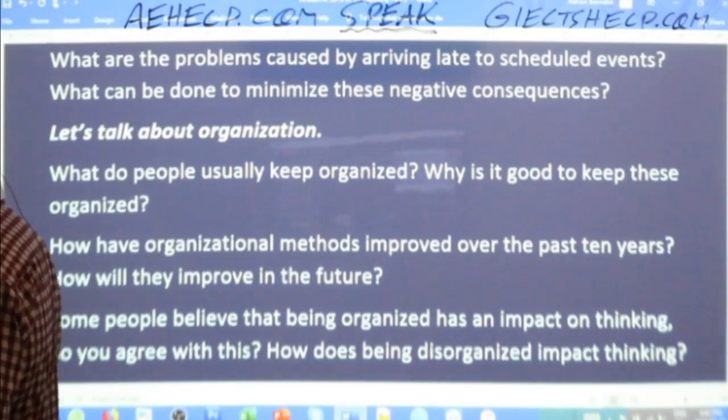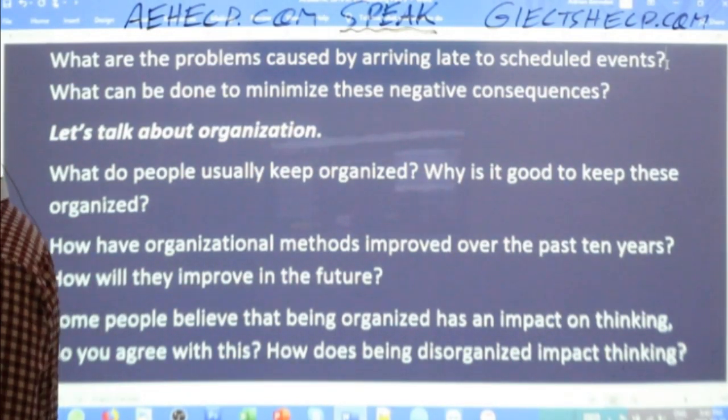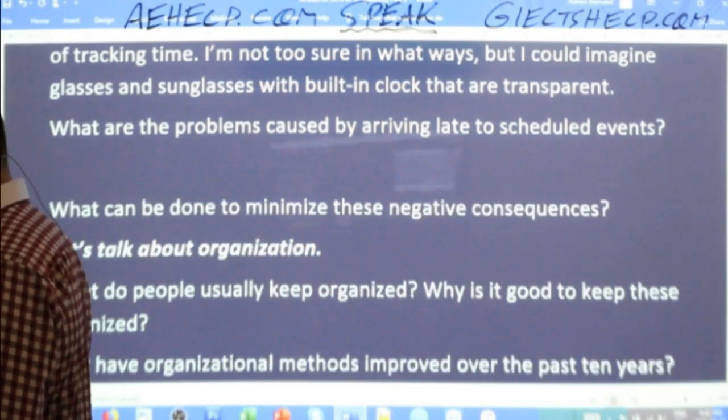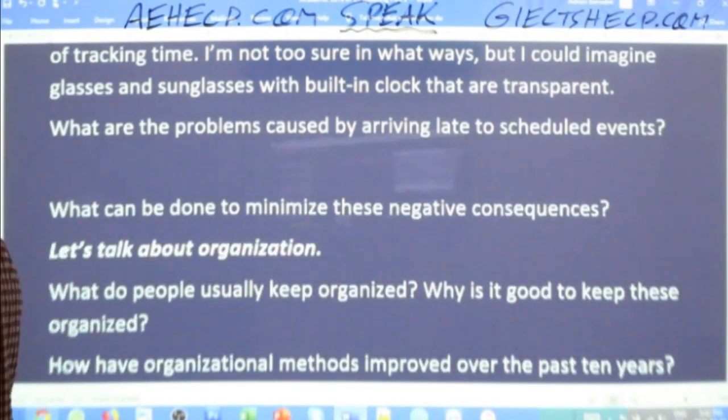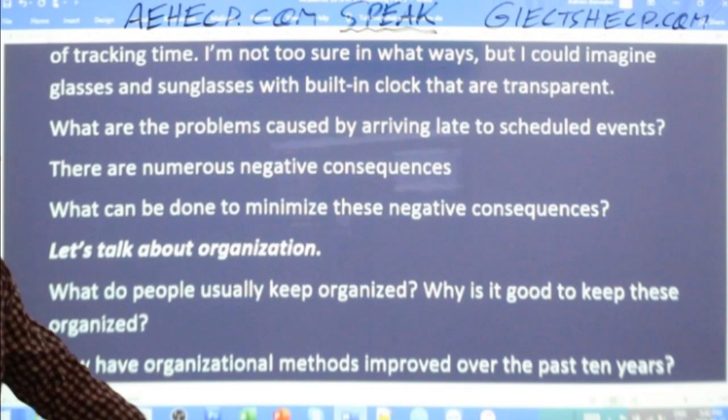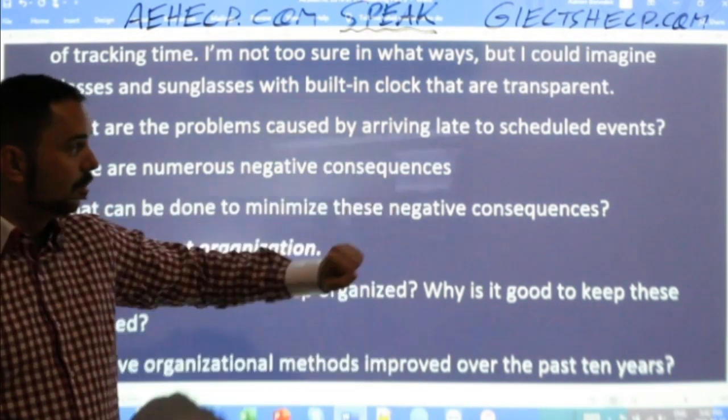Okay. So here's my answer. I'll throw one out at you. Here we go. There are numerous negative consequences. Consequences is definitely a good word to remember here.